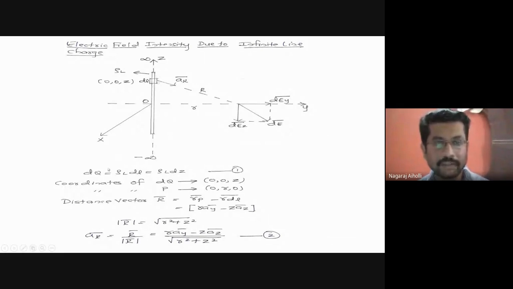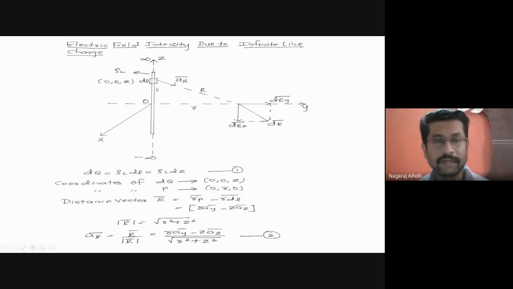Then this is the point P, which I am showing with the pointer, at which we are supposed to find the electric field intensity due to this infinite line charge. So this dq, we know the formula for the line charge density.